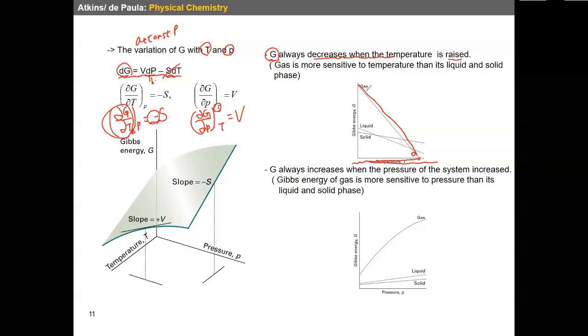Depending on the phase, gas is usually more sensitive to temperature than liquid or solid phases, right? What does this mean? The random distribution degree of gas molecules is larger than that of liquids, which is more closely related to temperature.